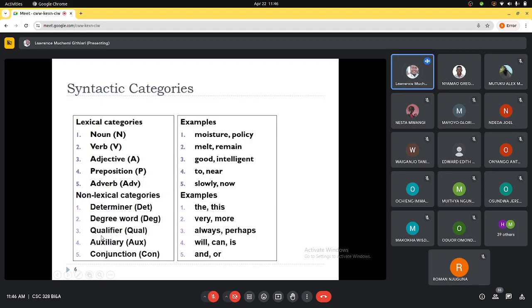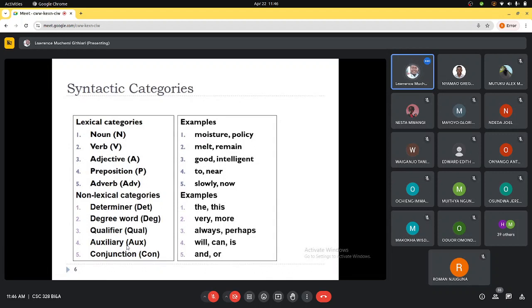And there's more. There are qualifiers like always. He always comes late. Perhaps he might come tomorrow. So these are qualifiers. Perhaps shows that you are not very certain. Then there are the auxiliary verbs. These are very important. Like is. John is coming. Is is actually a verb called an auxiliary verb.